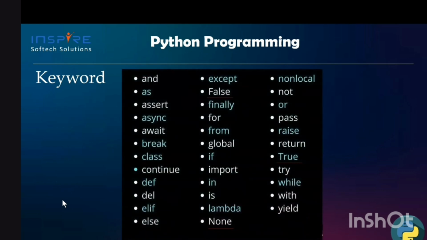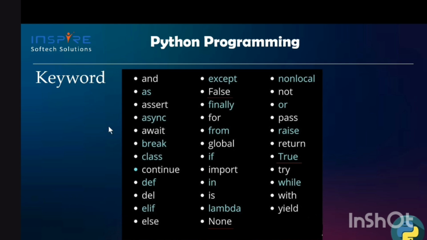In Python programming we have 35 keywords: and, as, assert, async, await, break, class, continue, def, del, elif, else, except, False. We can see that in False the first letter is capital, so we have to understand clearly.